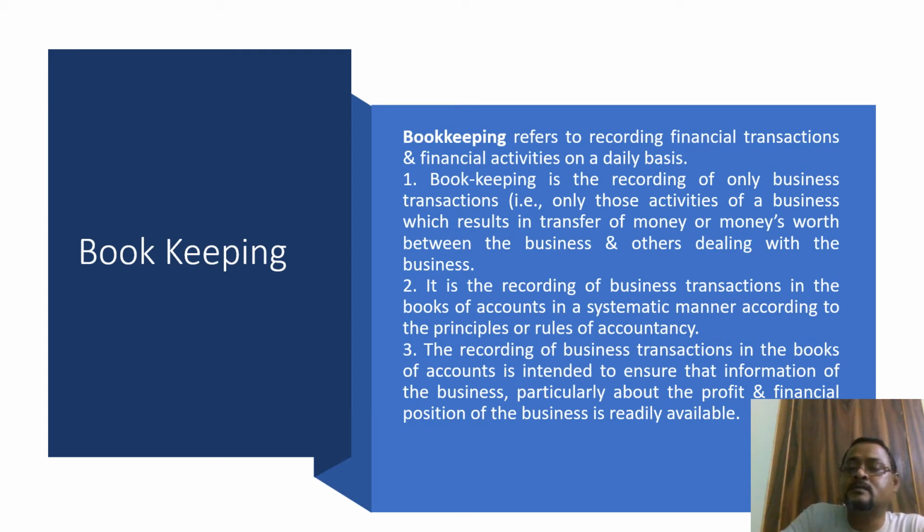Similarly, lenders, the bank which has lent money to the business, need to be recorded so that they can be paid off in the future. Also, there has to be detailed records of shareholders. Who are the shareholders? How many shares they held for that year? So bookkeeping is generally about recording all kinds of financial and economic transactions and events in that year, financial year or calendar year in some countries.